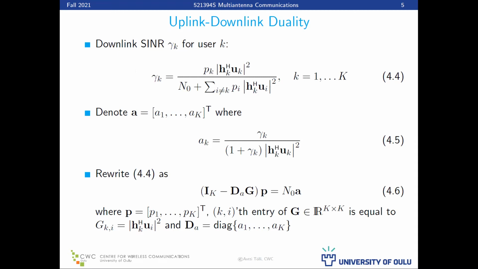So the SINR for user K is the expectation of the variance of the signal, S_k times its complex conjugate, divided by the expectation of the interference plus noise times its complex conjugate.